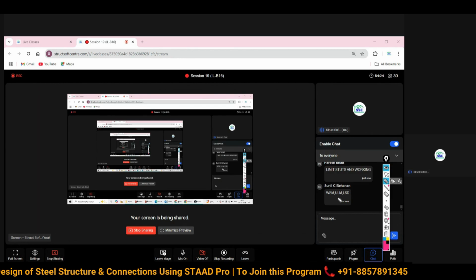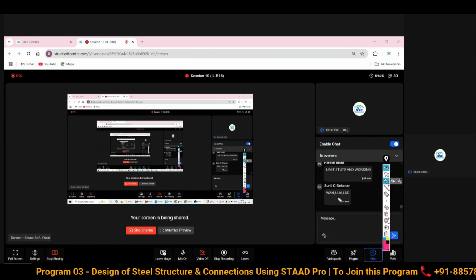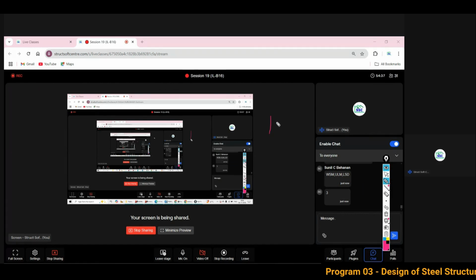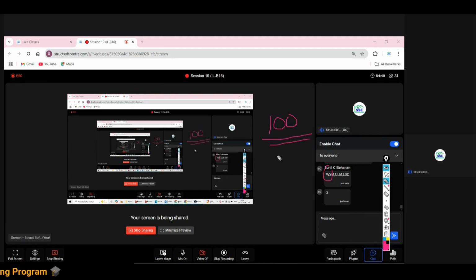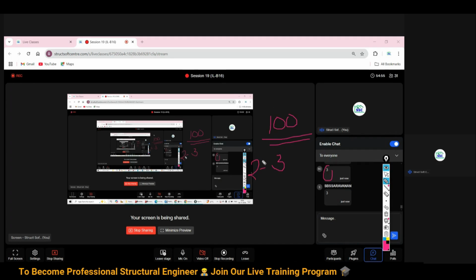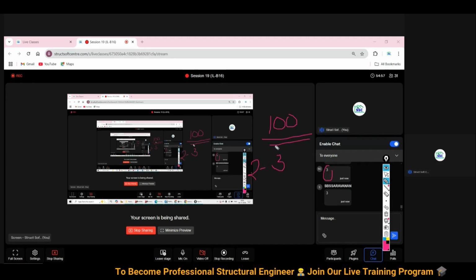What does factor of safety mean? The material has a capacity to carry a load. Suppose the concrete has the capacity to carry 100 kilonewton; we adopt a partial safety factor for the concrete of 2 to 3 normally. So it is a higher factor of safety over the material.